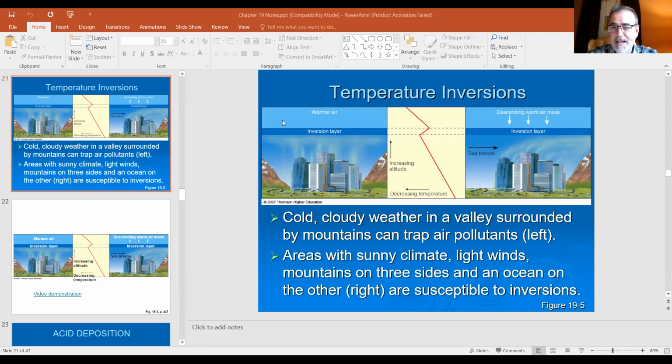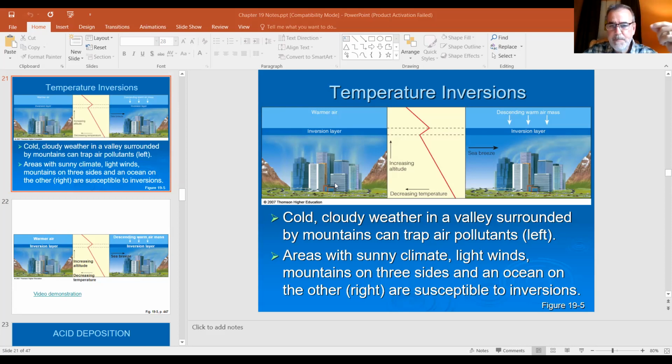Like we all know, you should not be in a garage with a car that's running because of the carbon monoxide and the fumes, right? Well, if the garage door is closed, it can't escape. If the garage door is open, then fresh air can come in. And thermal inversion is similar.